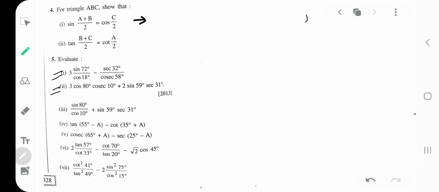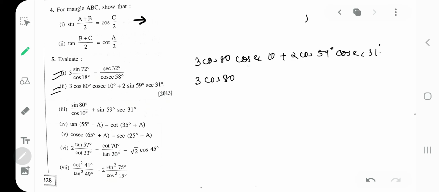I'll prefer to do the second, that is 3 cos 80 cosec 10 plus 2 cos 59 sec 31. You have to evaluate. Let's find what value you will get. Let's keep cos 80 as it is. For cosec 10, can I write cos 80?